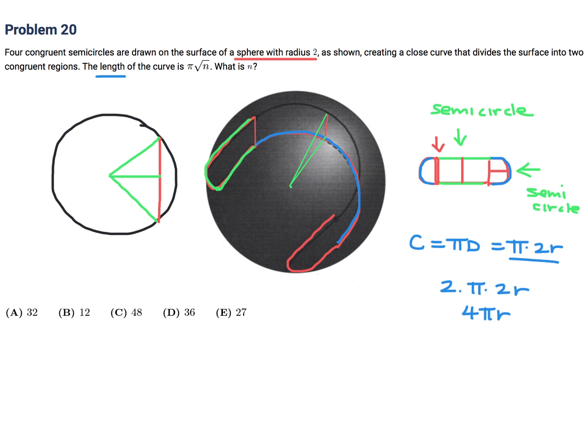From the center of the sphere to the edge of the sphere, obviously, is the radius of the sphere. So that's 2. That's 2. And then the red part, that is the diameter, so I can break that up into two radii. So this is R and this is R.